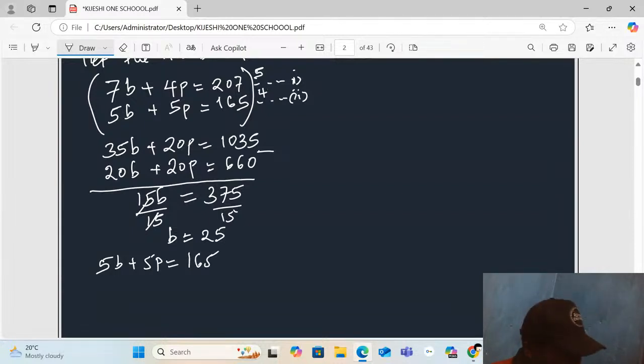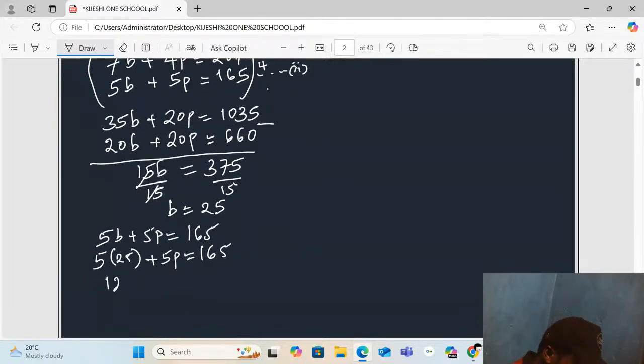So where we have B, we substitute with 25. So we shall have 5 times 25, plus 5P equals 165.